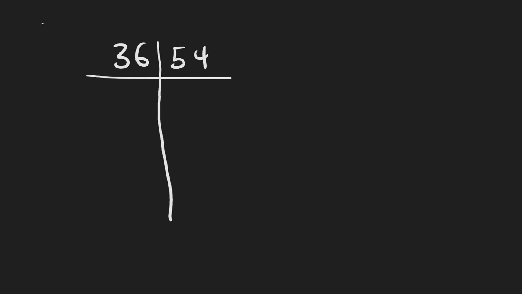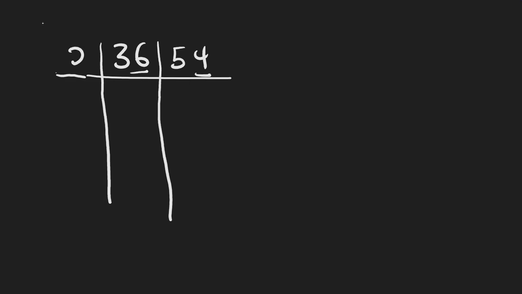That's it. So using the other method now, we say 36 and 54, right? We look for a number that can divide both of them at the same time. So 2 can go into this because it ends with 6 and this ends with 4.